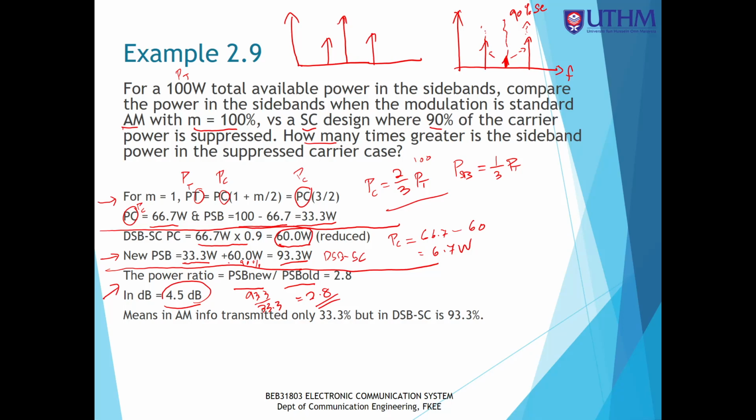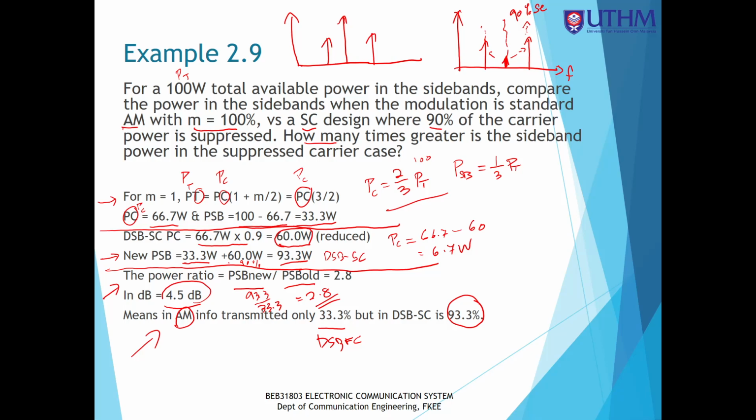So this means that AM info transmitted only 33.3% in double sideband full carrier. We use 33.3% of the power to transmit the information, whereas for the double sideband suppressed carrier, we use 93.3% of the total power to transmit the information.